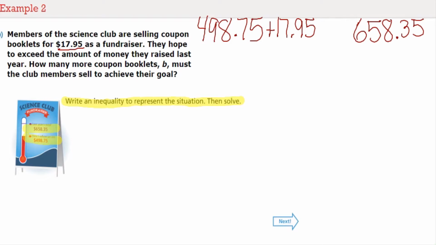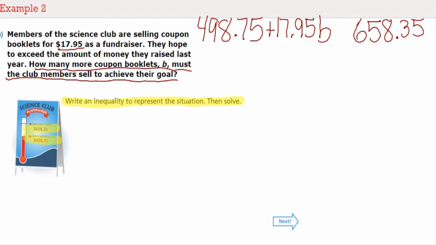And then it says, how many more coupon booklets, B, must the club members sell to achieve their goal? So if it's giving you a variable, make sure you use that variable. So we're going to use B. Now we have to figure out the inequality symbol to use.